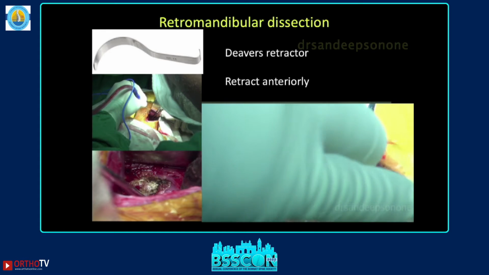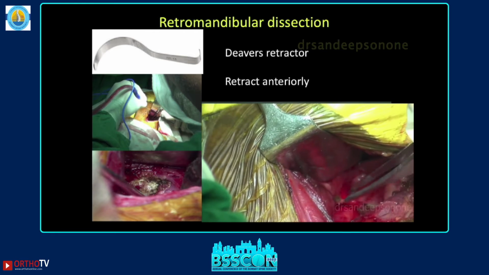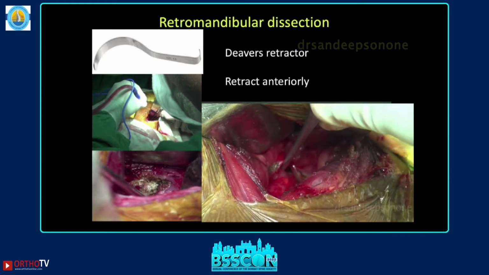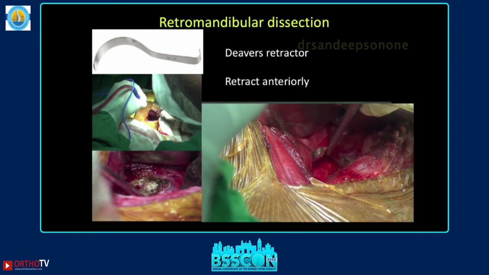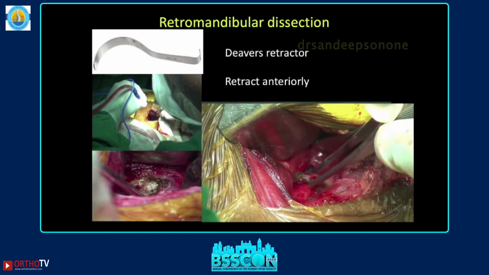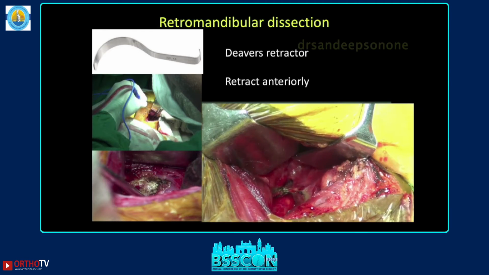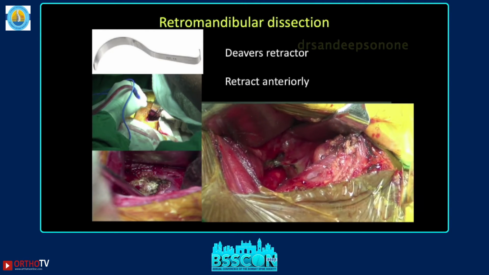So the first point is to feel the anterior tubercle of C1 by finger dissection, and make sure that you dissect the prevertebral fascia up to that level slowly, taking care to stay in the midline.